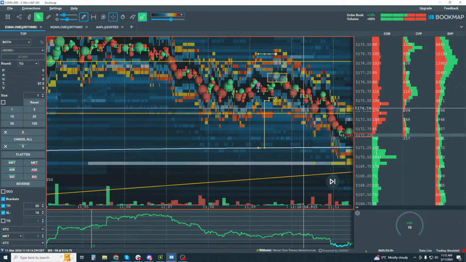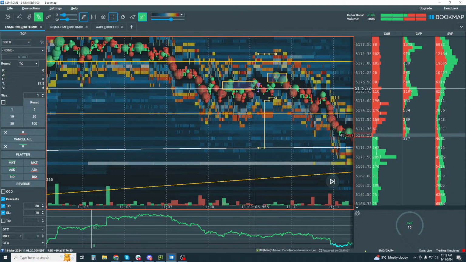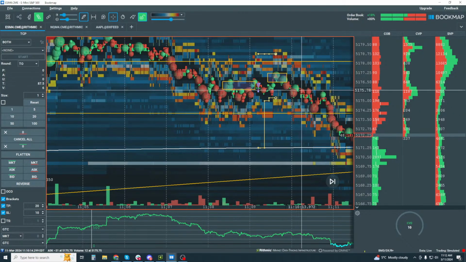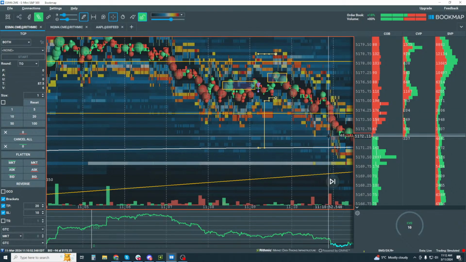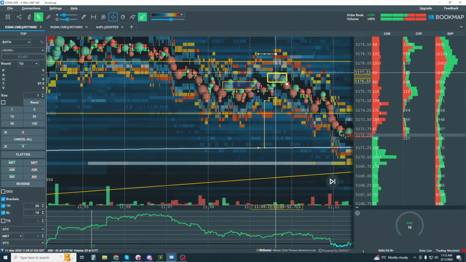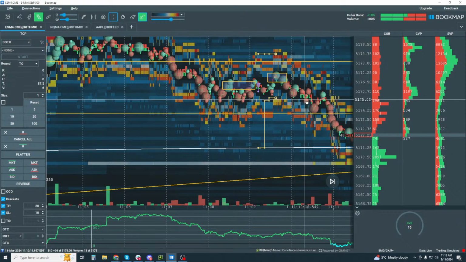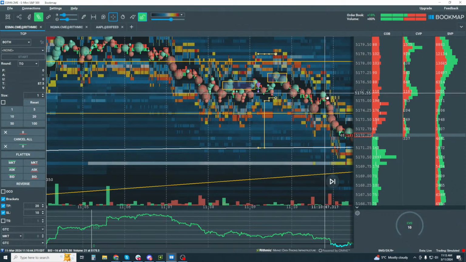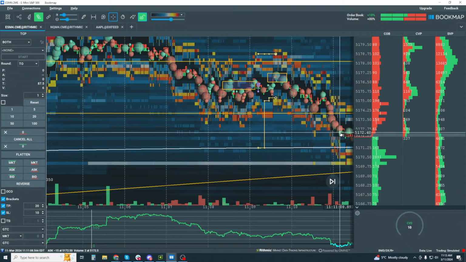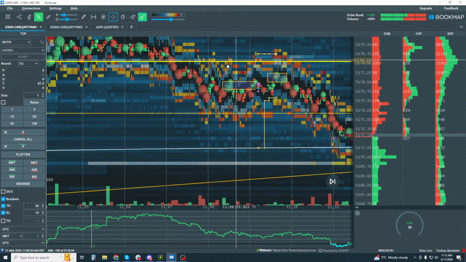Some of this other volume in here is going to be the trap, and we're going to see the stop run to the downside. What we're looking for up here is more selling down here. We get it here, not so much here, but we get it here, and then you get one more pullback, and then you get the follow through.